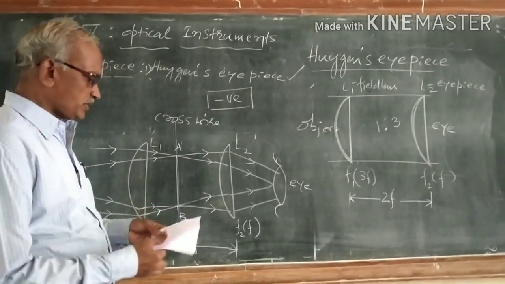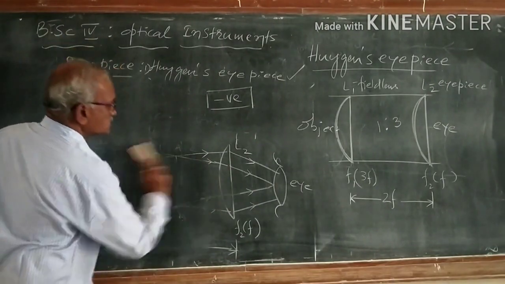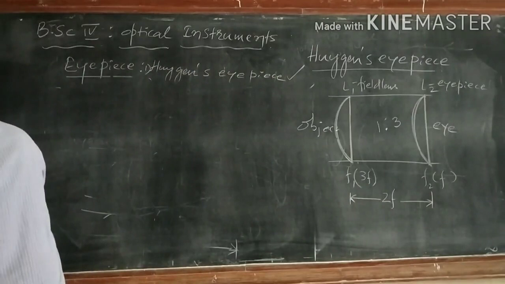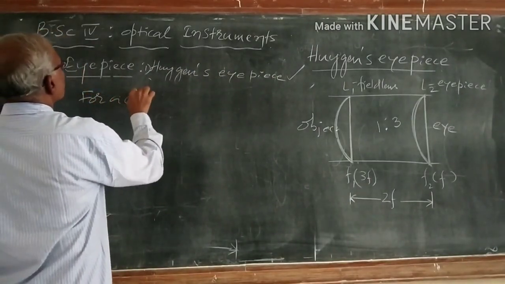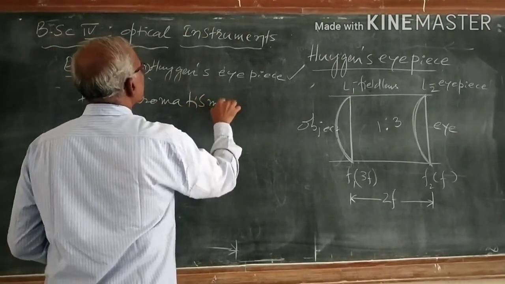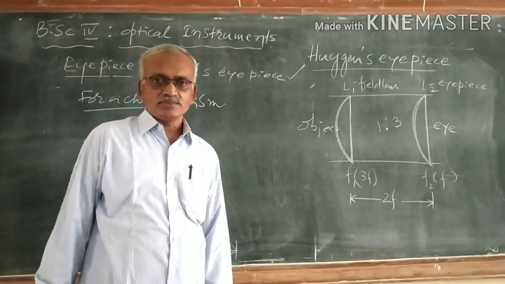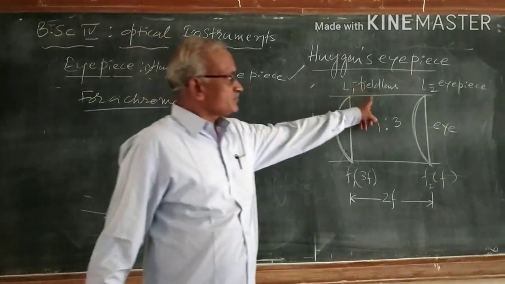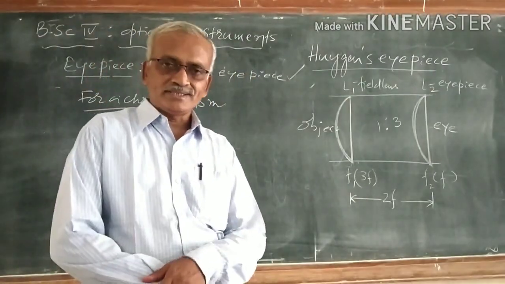So here we have some equations regarding focal length and all. For achromatism: what do you mean by achromatism? Achromatism is a combination of two lenses. Here we have two lenses, the field lens and the eye lens. What is the purpose of using two combined lenses?